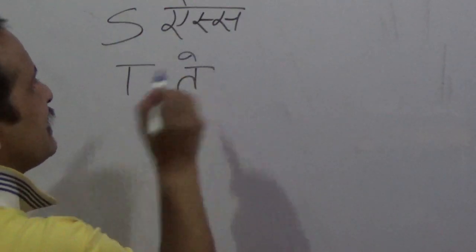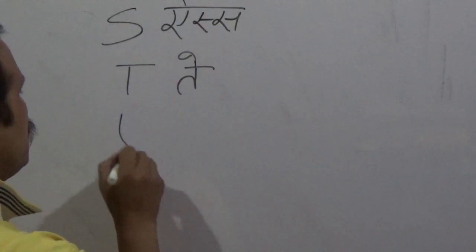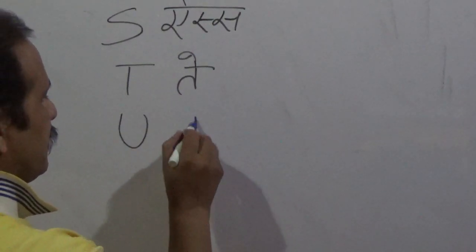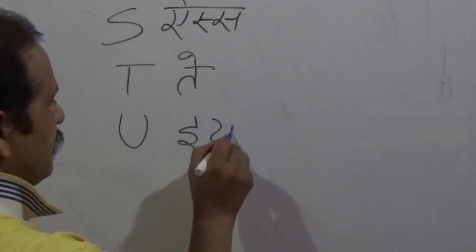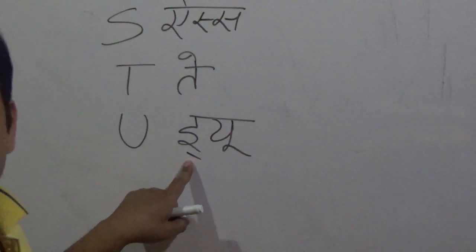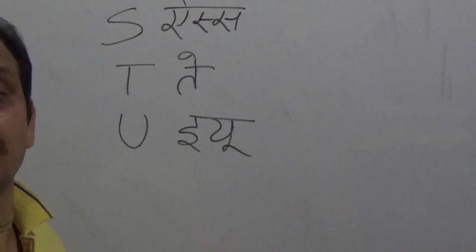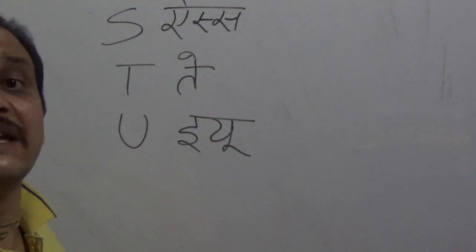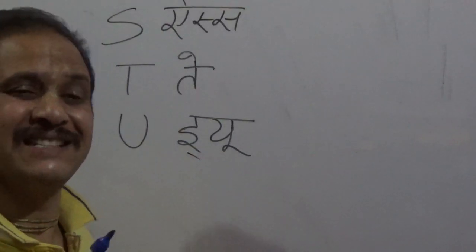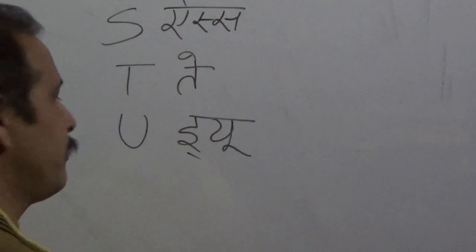T is T. U will be U. This is Halant. Halant makes the sound half. Had it not been there, we would pronounce it as EU, but it is not EU, it is U. Because of this Halant, this E has become half, its sound has been cut to half.